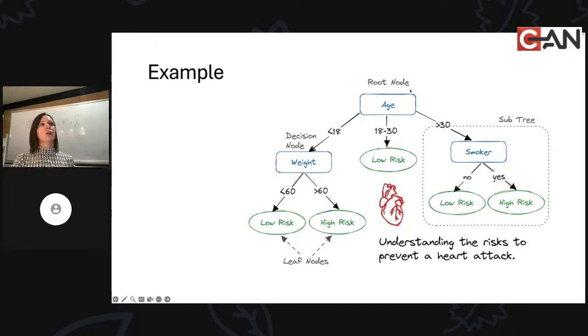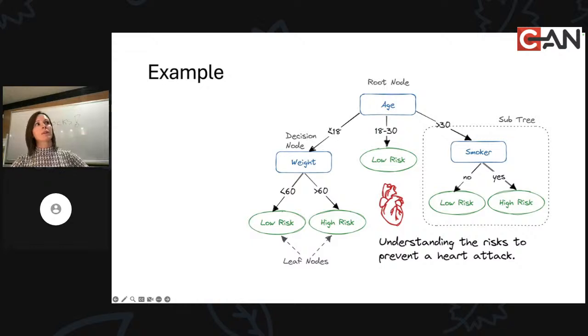So to this root node, which is the top node, we pass all of our data. This is one concept I'm going to say multiple times throughout this, which is that your data is broken into subsets as you progress down this tree. So there are smaller and smaller records as you progress down. So for example, we pass everybody to age.